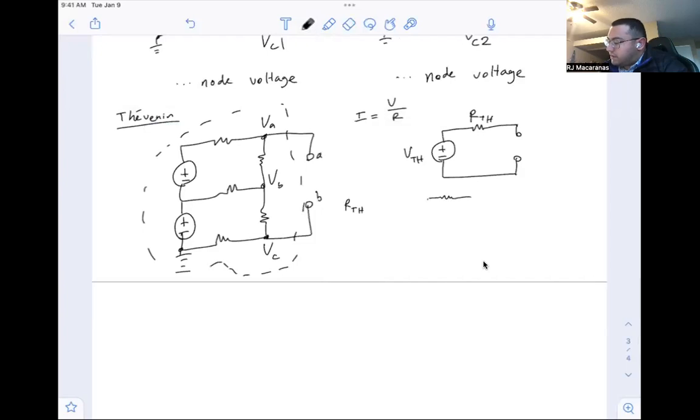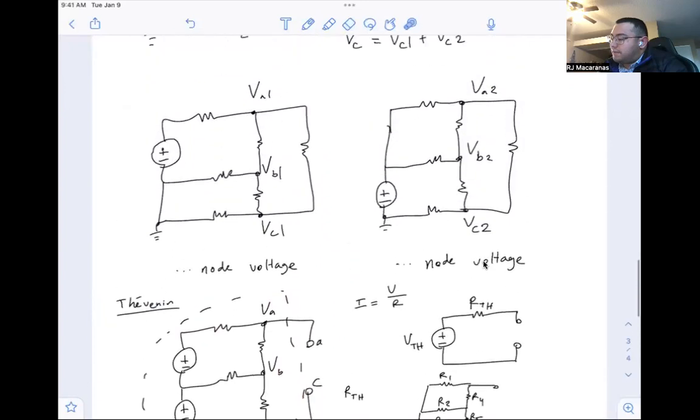So by deactivating the voltage sources, we replace them with a short, and we're looking at this equivalent resistance. So we're going to collapse this network, R1, R2, R3, R4, and R5, figure out what the Thevenin resistance is, and V Thevenin is going to be the voltage across A and B. Well, I guess we'll call this A and C, just if the circuit were operating normally.